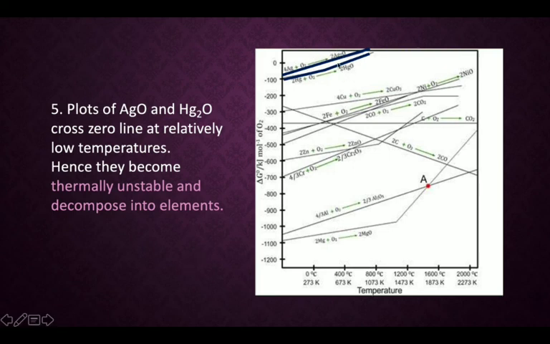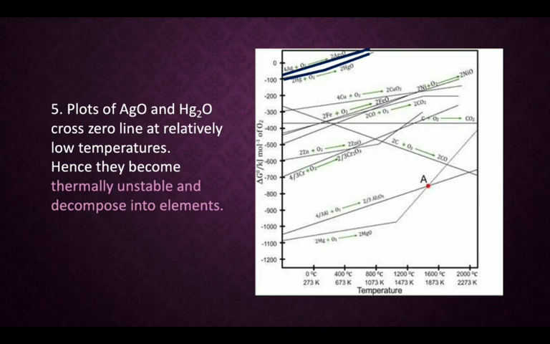So we can say that since the delta G for these oxides becomes positive at very low temperatures itself, these oxides are thermally unstable. If you heat these oxides, they will decompose easily.